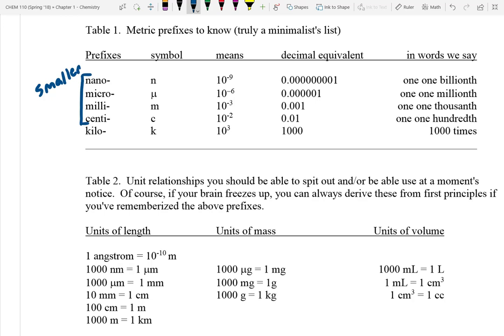They're smaller than their original unit. And then down here, we've got kilo. Kilo is 1,000 times, so now it's bigger, it's not smaller. And kilo, like we said, is 10 to the third or 1,000 of something.